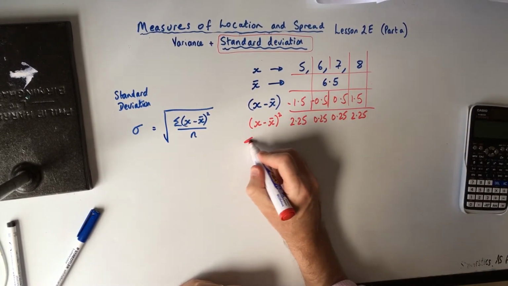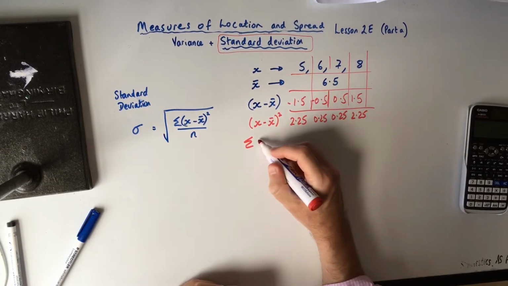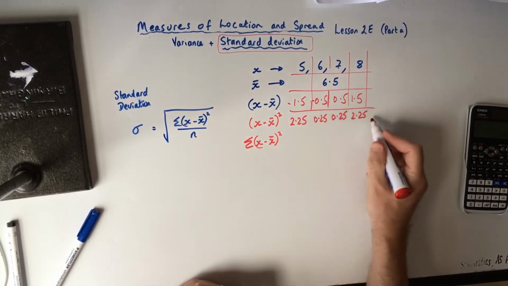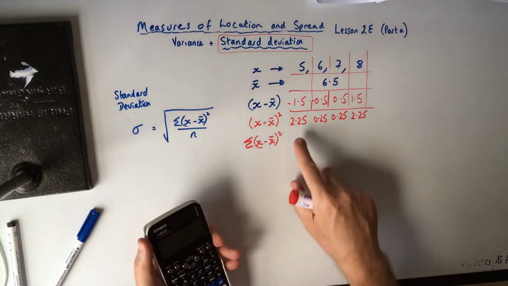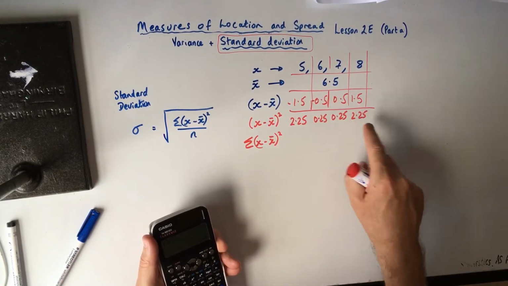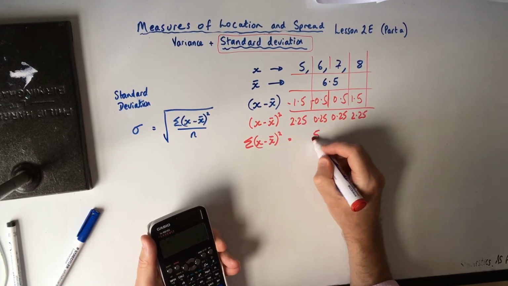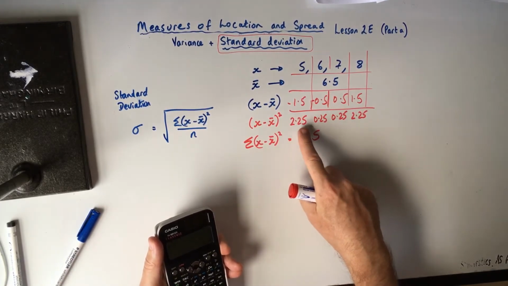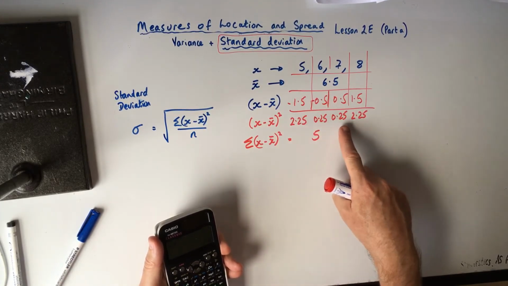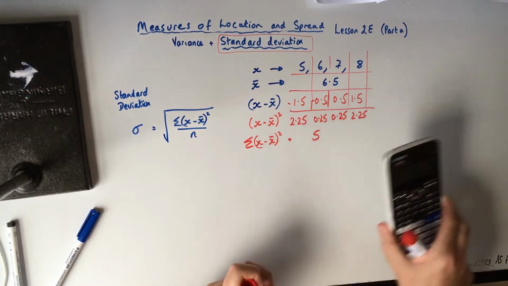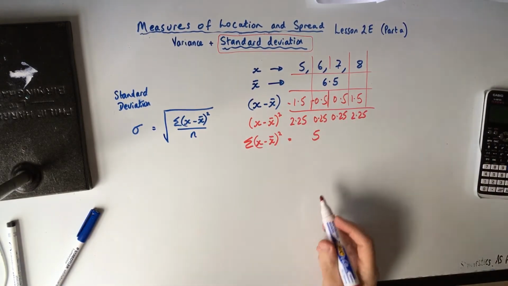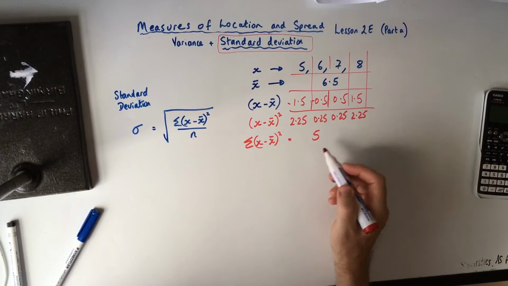The sum of all of those gives us our top line, x minus x bar all squared: 2.25 plus 0.25 plus 0.25 plus 2.25. That's 2.5 and 2.5, which is 5. So all of that is 5.